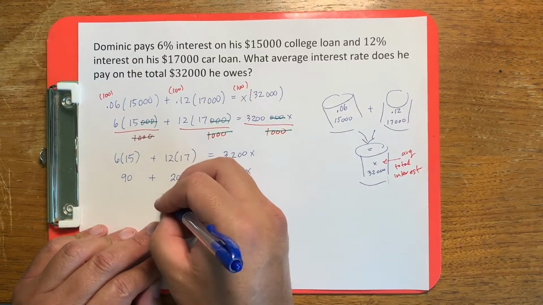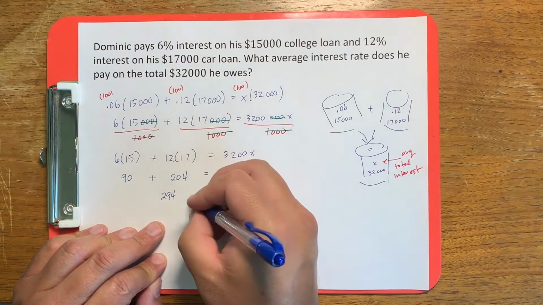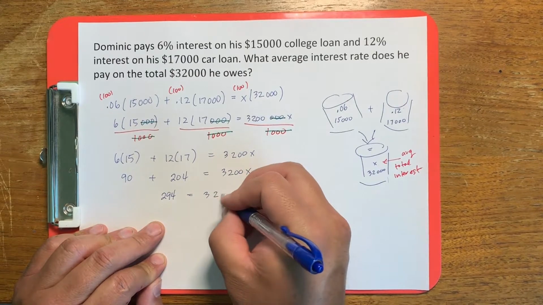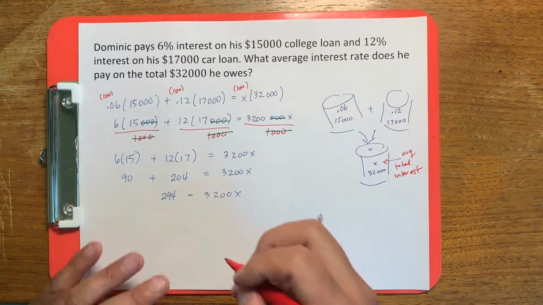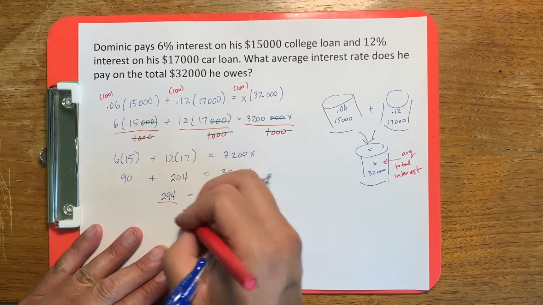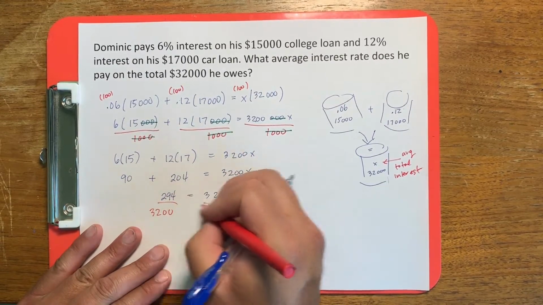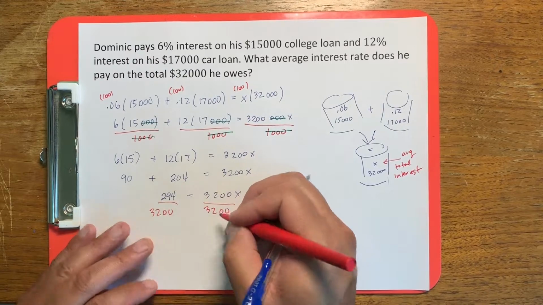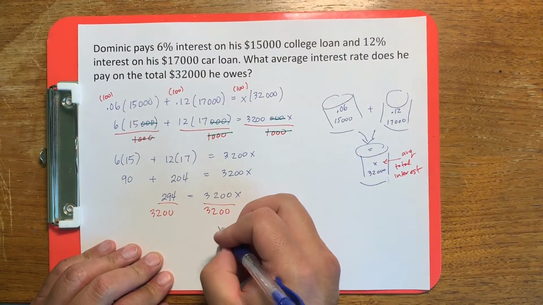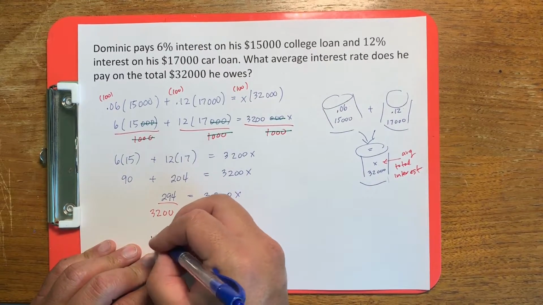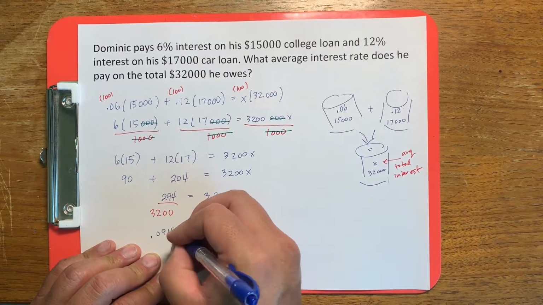So when we add these two, we get 294 is equal to 3,200X. I can divide both of these. And I get X is equal to 0.091875.